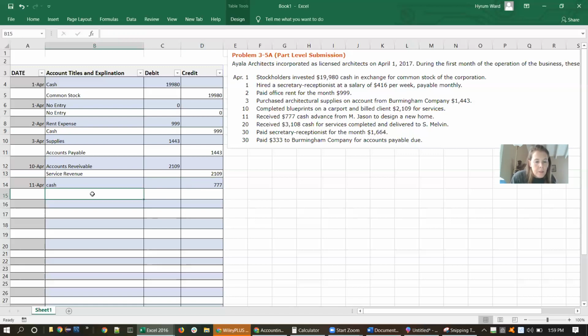And we're going to put that for unearned service revenue, because we haven't yet done the service. Oops, I messed up. So cash is going to be 777 debit, because we already received the cash, and 777 unearned service revenue, because we haven't done the service.